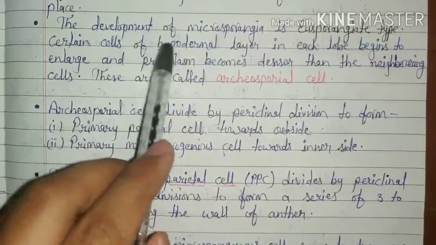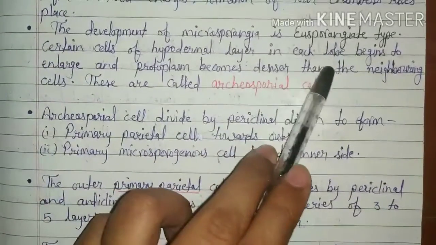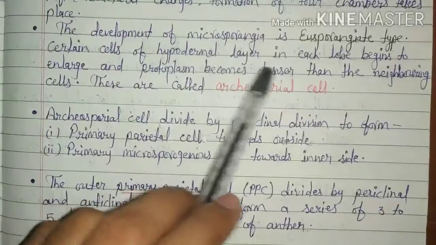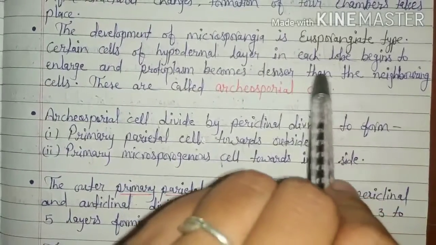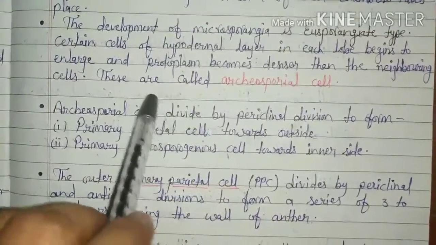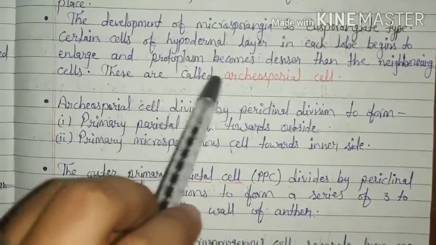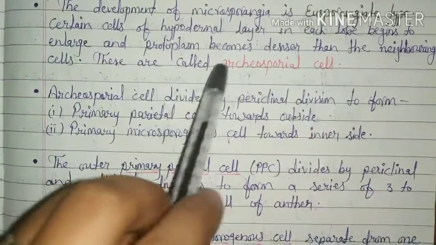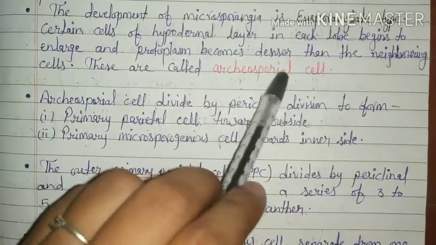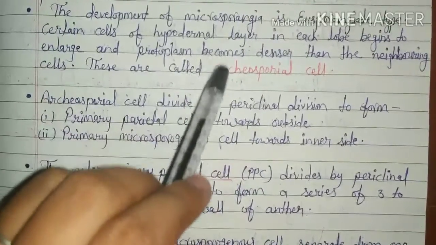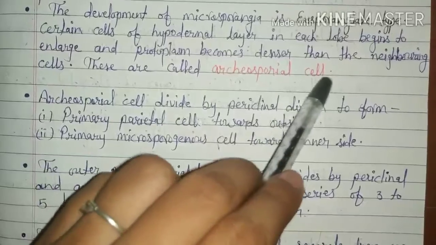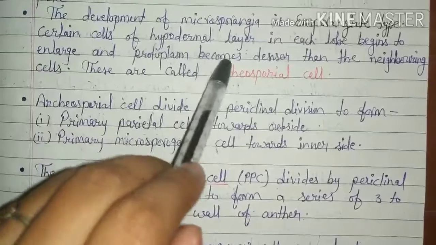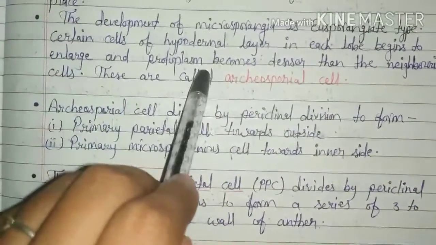Certain cells of the hypodermal layer in each lobe begin to enlarge and their protoplasm becomes denser than the neighboring cells, and these are called archaeosporial cells. So, archaeosporial cells are a modification of hypodermal cells, specific cells due to condensed cytoplasmic contents.